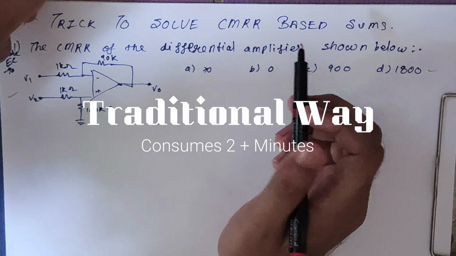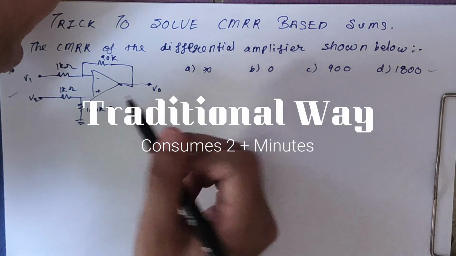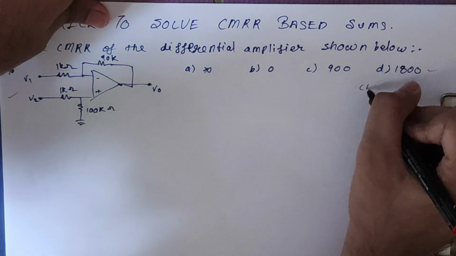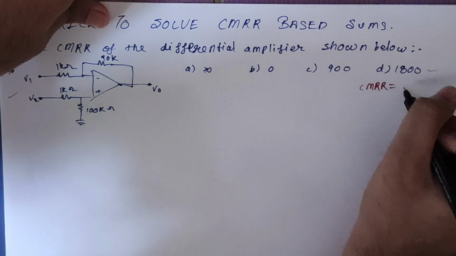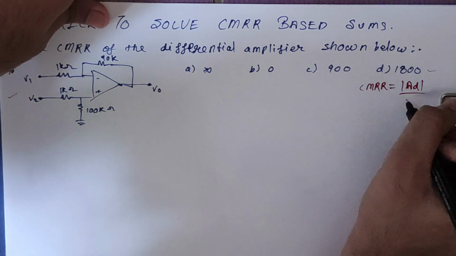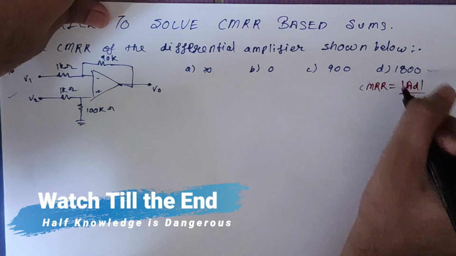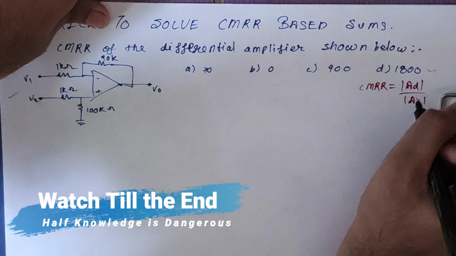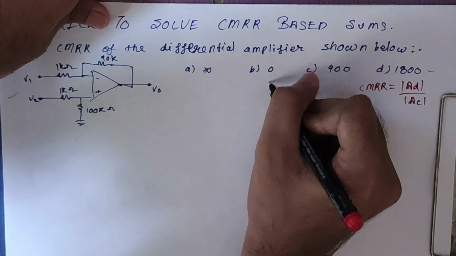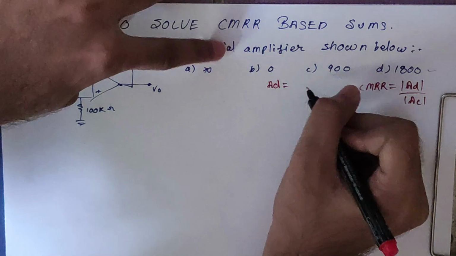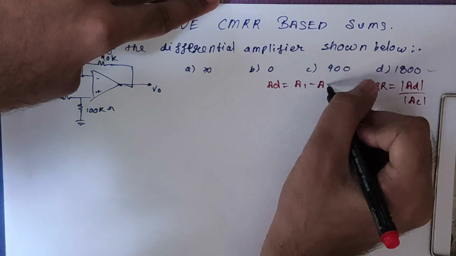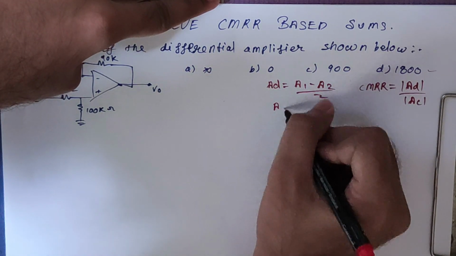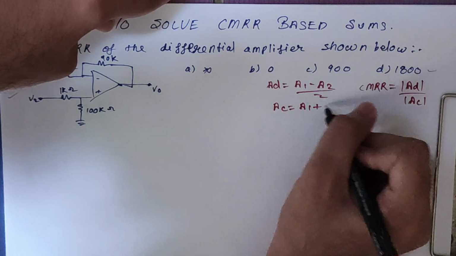So the traditional way to solve this type of question is to use the formula of CMRR as mod of AD by AC. This is your differential gain, and this is your common gain. Now what is this AD? The differential gain formula is (A1 minus A2) upon 2, and AC is A1 plus A2.